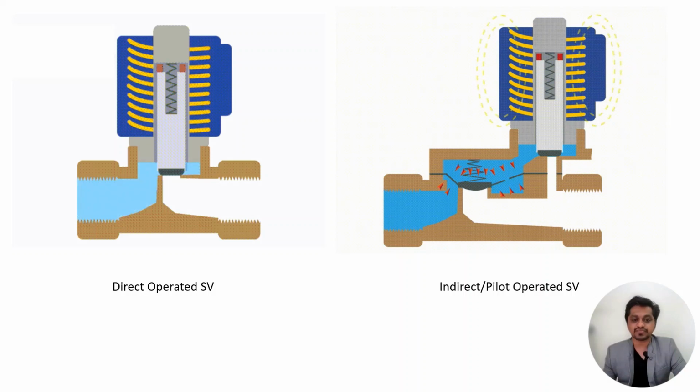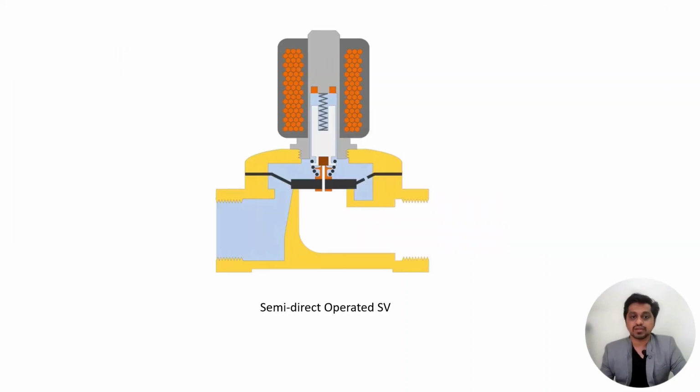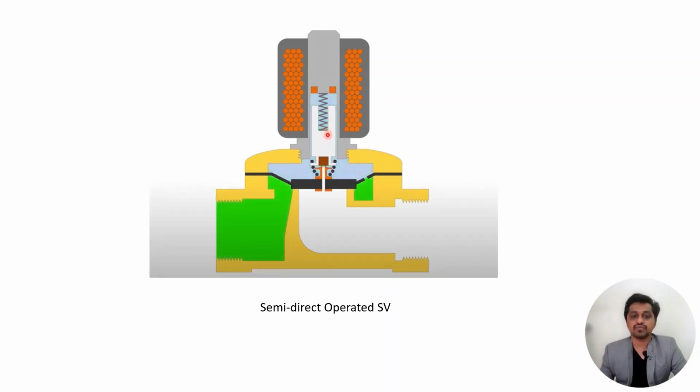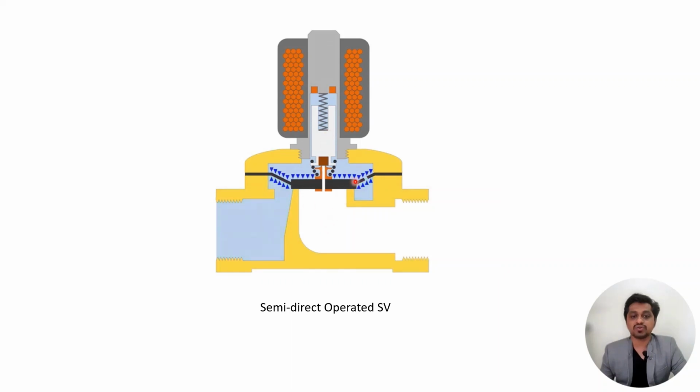So let's check out the semi-direct operated solenoid valve. Now here we can see we have a diaphragm and a spring, and the diaphragm is connected to the spool. We can see over here the pressure is constant. Now as soon as the coil gets energized, the spool is lifted up and we have a pilot port. Now the pilot port gets open to the atmosphere, because of which the pressure differential is created.